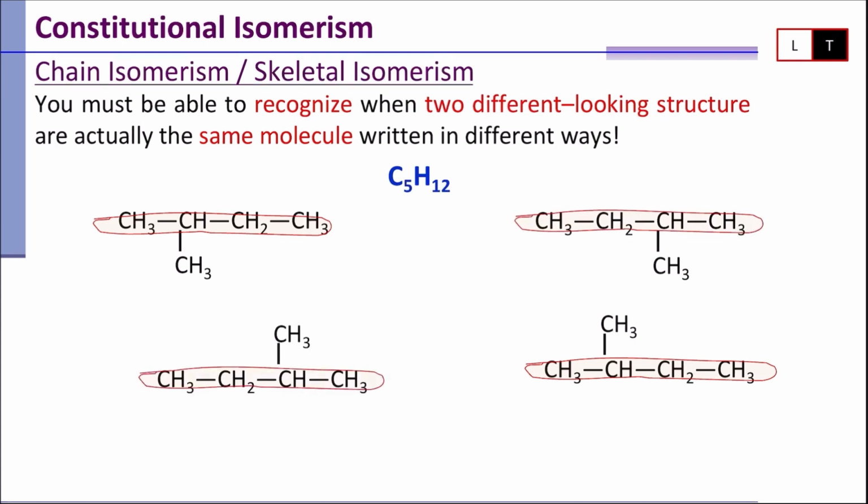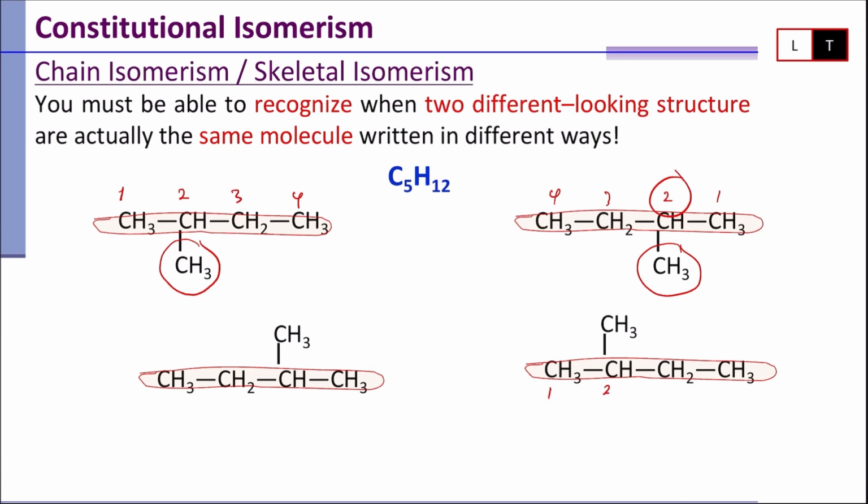So when I want to check whether these structures are actually the same or not, I will start to give the numbering for my carbon atoms. Dan my numbering mestilah kalau dia ada substituent, substituent tu mesti berada di bahagian nombor yang paling kecil. So this is going to be 1, 2, 3 and 4. So substituent berada dekat carbon number 2. Same goes here, 1, 2, 3, 4. I start from the right. Substituent berada dekat carbon number 2.